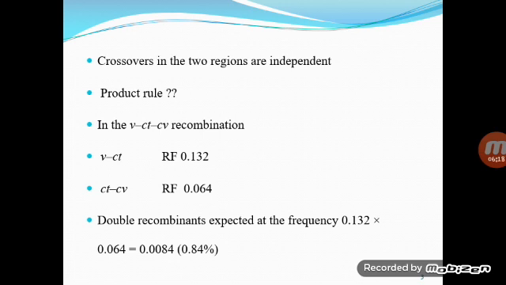So the values are multiplied with each other to get the frequency and percentage. That's why 0.132 multiplied by 0.064.